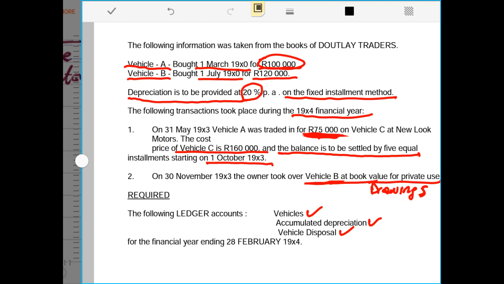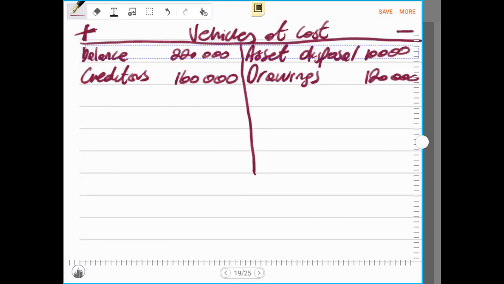That means we still owe the money, hence we have to make payments in 5 equal installments. So it means we did not pay cash. Hence we credit our creditors in the vehicle ledger account by 160,000 rands.